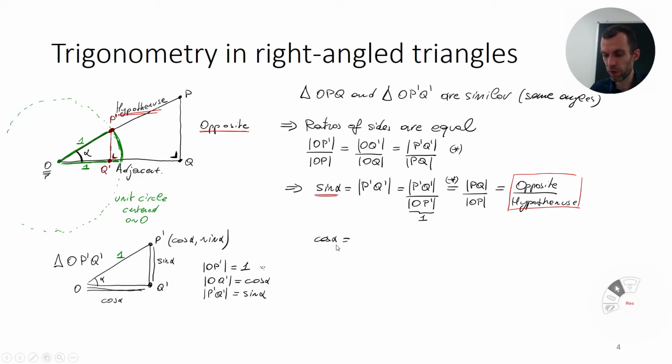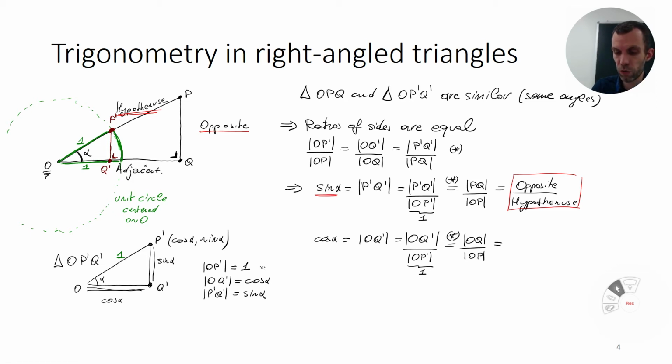Okay, so let's move on. For cosine of alpha, we can do the same thing. That's OQ prime, and that's OQ prime divided by OP prime, again because OP prime, that's 1. And then if you look at the formula with a star and you rewrite the fractions just a little bit, what you'll see is that this is equal to OQ divided by OP.